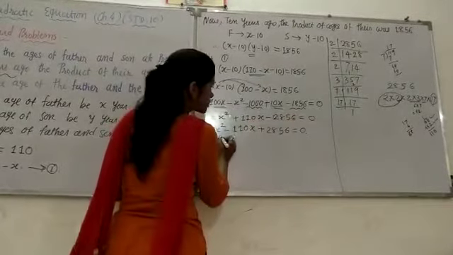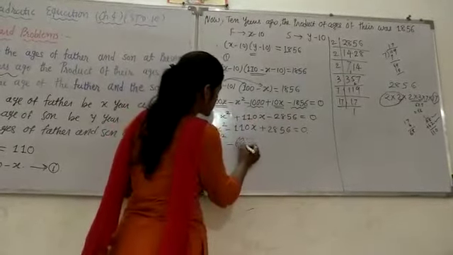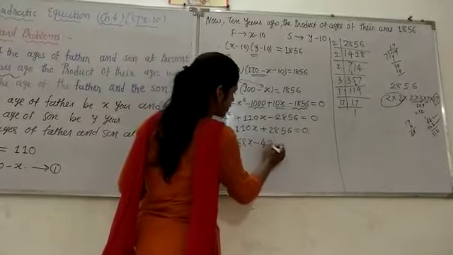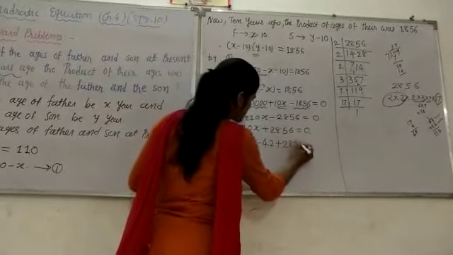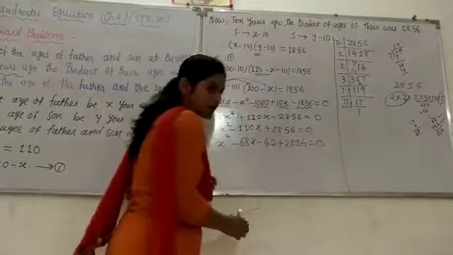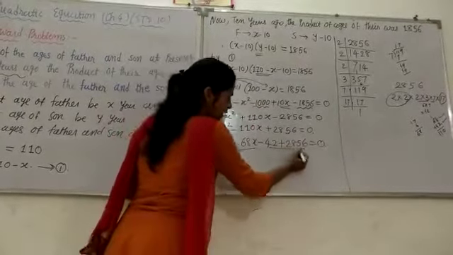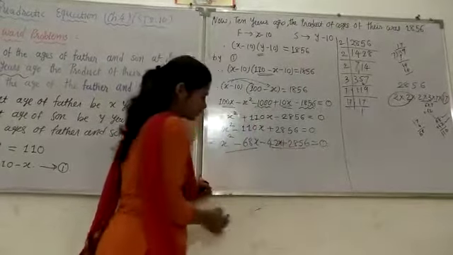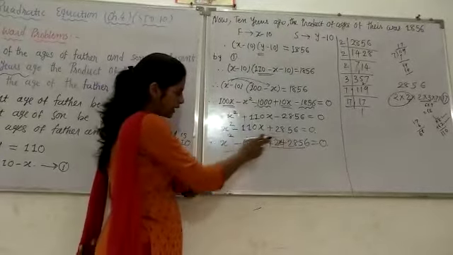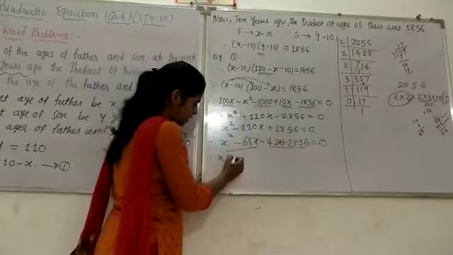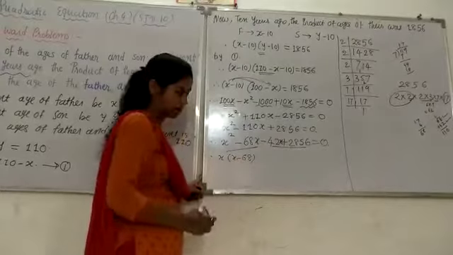So here x square minus 68x minus 42x plus 2856 is equal to 0. Now take common from the first two and the last two. So x common from the first two, here is x minus 68.